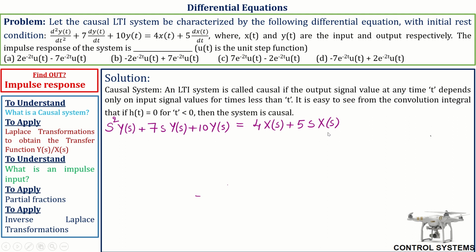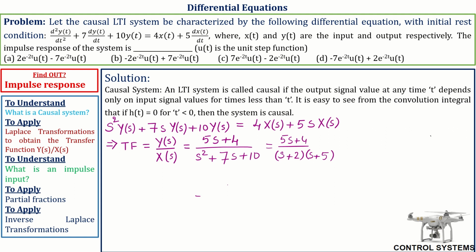So the transfer function: we are given y of t is the output and x of t is the input. Therefore, we get the transfer function y of s by x of s, which is equal to 4 plus 5s by s square plus 7s plus 10. This is the transfer function which we have got. Now we need to understand what an impulse response is.